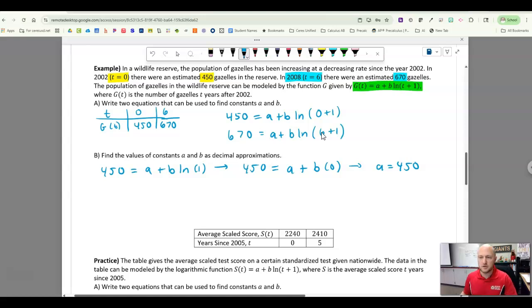So I found my first value. Now I can take that value and plug it into the 670 equation. So here's my second equation. 670 is equal to, well, I know a now is 450, so I'm going to substitute that value in. B times the natural log of 7.